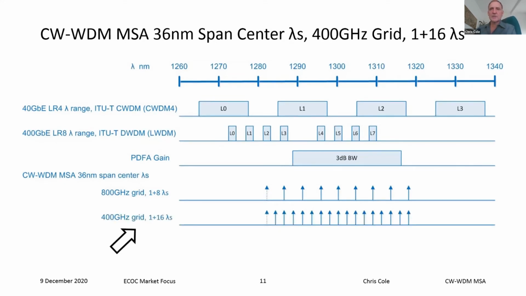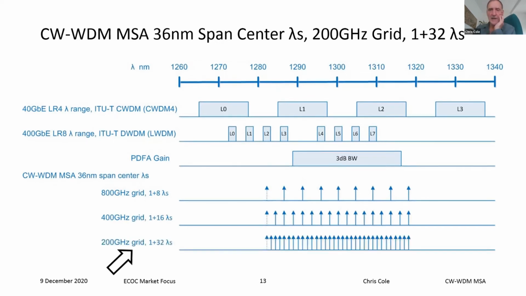Then to go to 16+1 wavelengths, we just fill in, we go from an 800 gigahertz grid to a 400 gigahertz grid, and we have 16 wavelengths. And then to go to 32 wavelengths, we fill that in again to a 200 gigahertz grid. And this is a roadmap where you can see that initial products could start with 8 wavelengths.